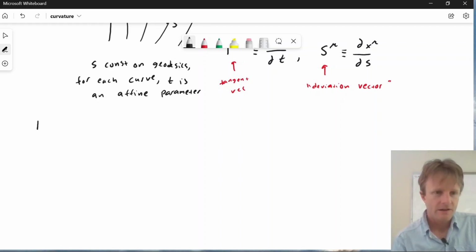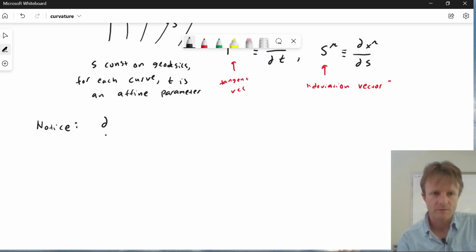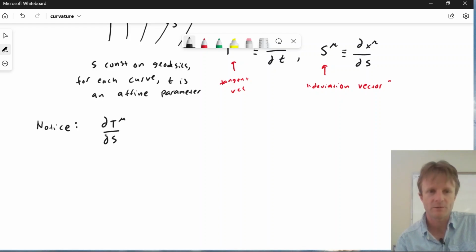So to start, notice a nice thing about the construction: because we have these partial derivatives, we have equality of mixed partials. So partial t mu partial s, which according to up here is really the second mixed partial derivative of x mu, that's the same thing as partial s mu partial t.